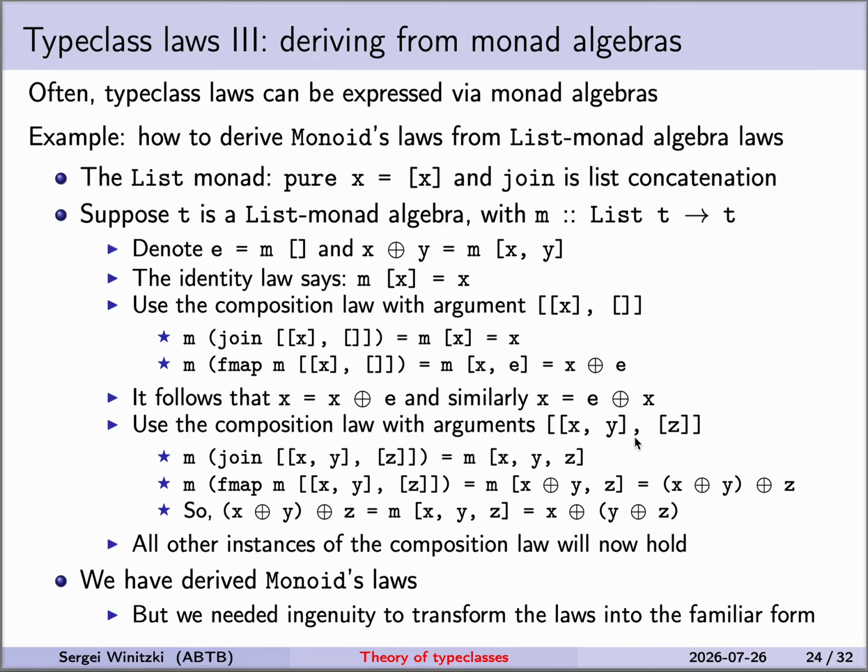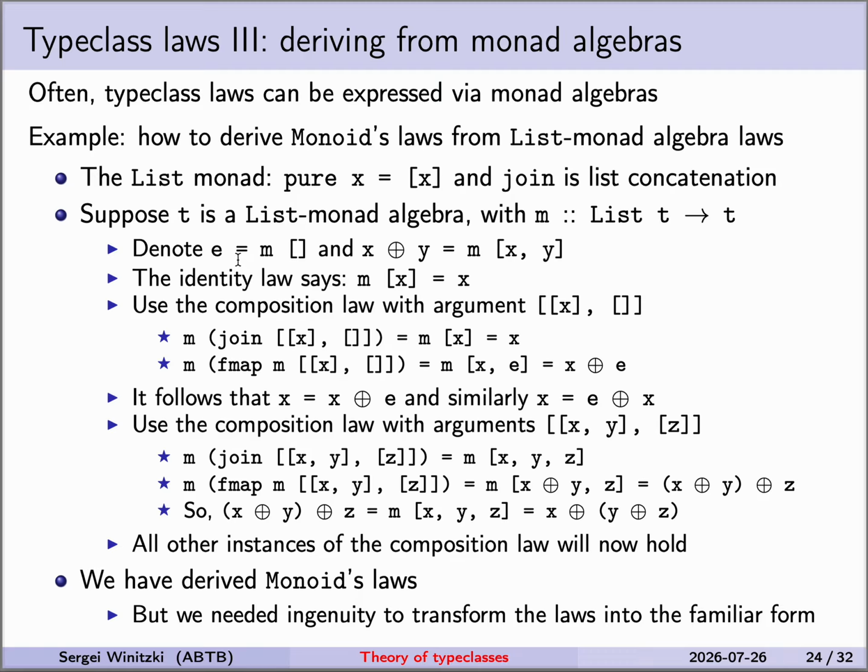So how can we derive that? It turns out we need some ingenuity to derive this, so we try to apply the structure map to different arguments, so to lists. So the structure map is of type list T to T, so let's apply it to different kinds of lists, to an empty list, to a single element list, to a list of 2 elements, of 3 elements, and so on. Let's try what happens and apply the laws and see what kind of properties we can derive from that.